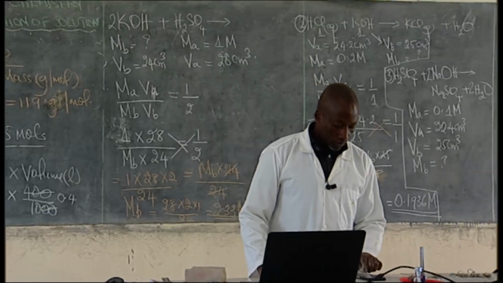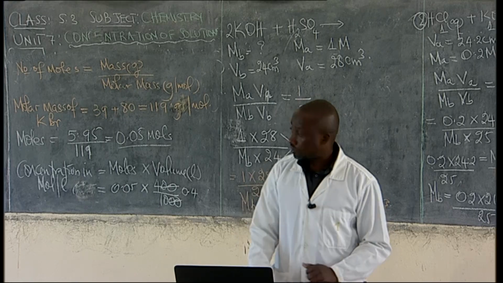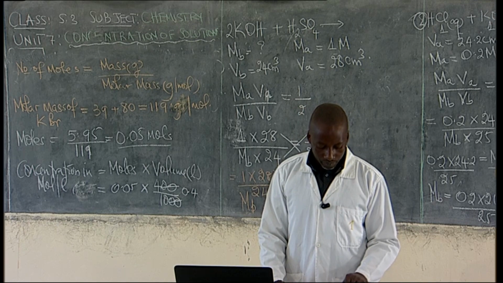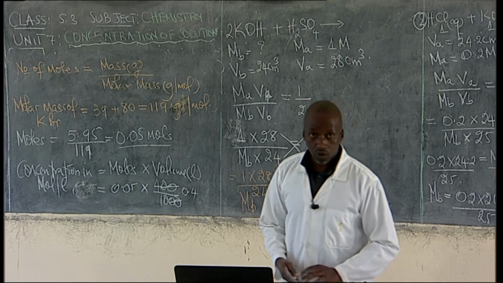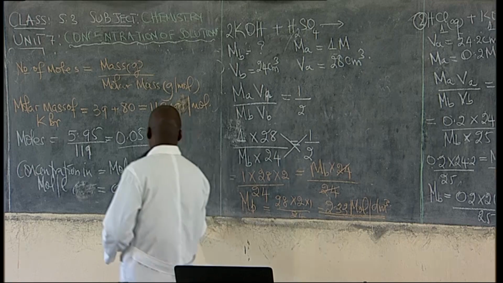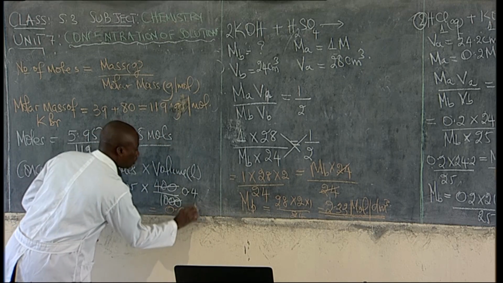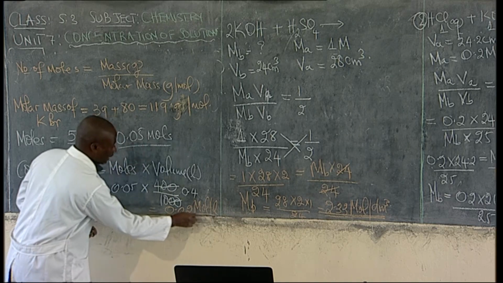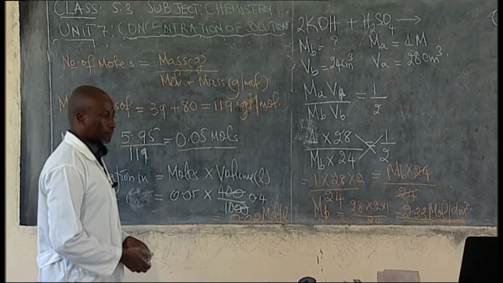I said your calculator is very important as far as these reactions. So you need to calculate 0.05 over 0.4, which is 0.125 moles per liter. That will be the molarity of this solution.